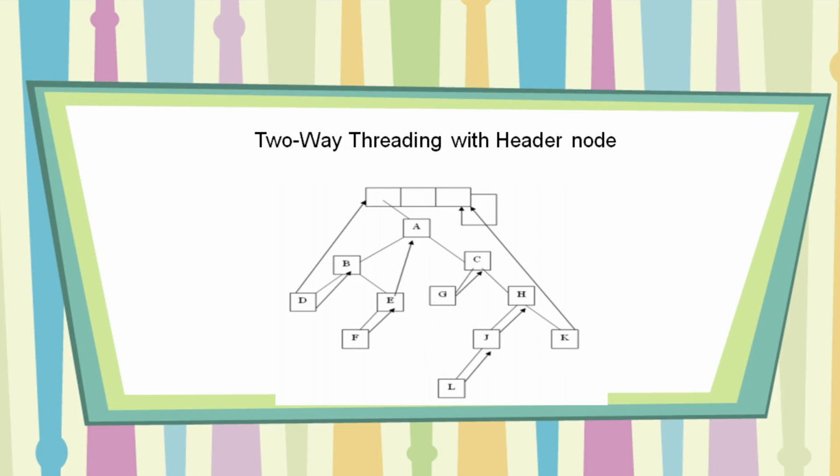The starting node is A, that is the root node, and the descendants of A are B and C. B's descendants are D and E. Similarly, C's descendants and H's descendants. It is a two-way threaded binary tree, so we represent both the left and right null pointers with a header node.